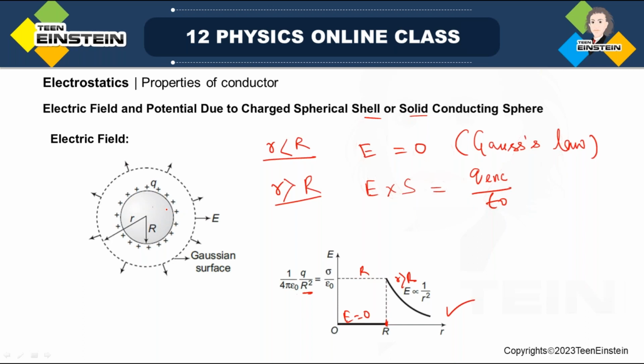Here, if the shell has total charge Q, then the Gaussian surface encloses all the charge. So I can write Q on the right hand side.